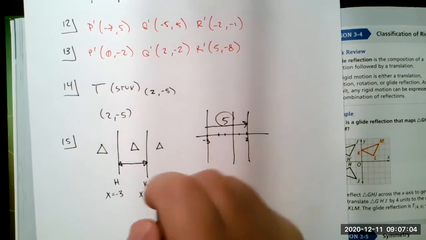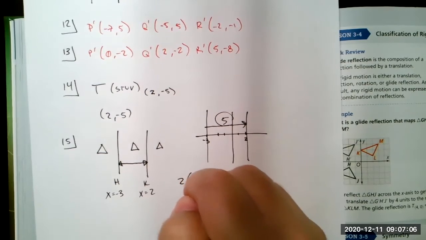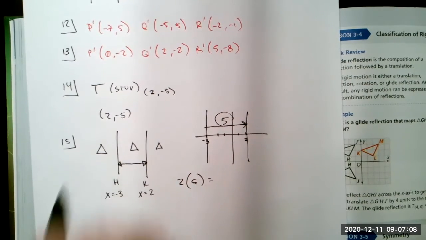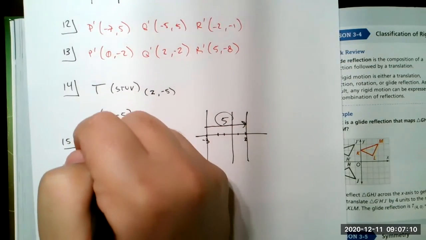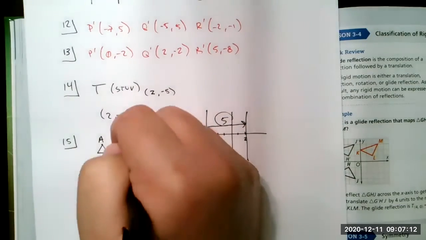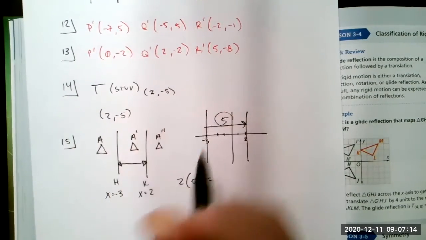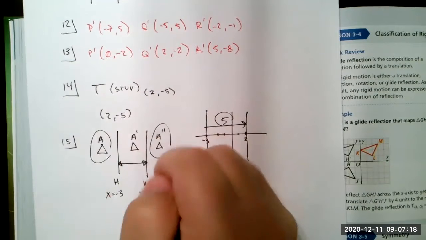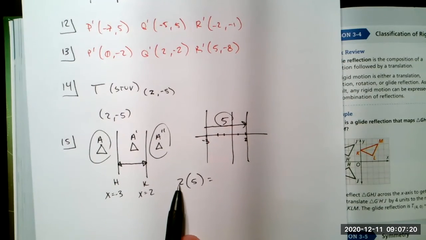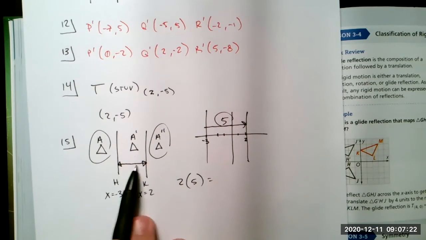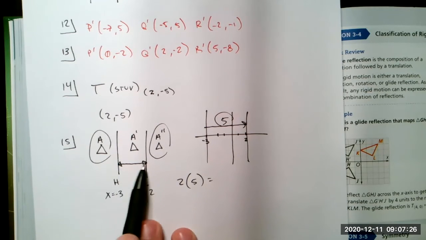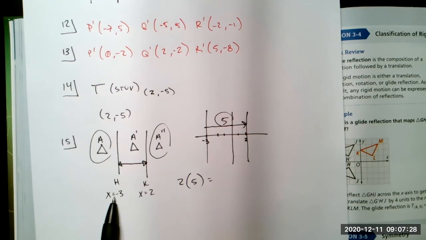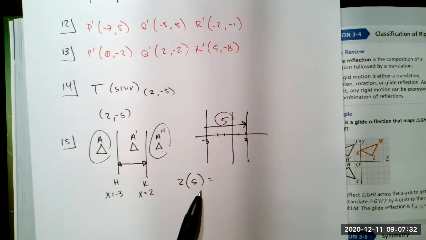Well, the easy way to do this is you just know that this pre-image, so we'll call this triangle A, and then this second image, those two triangles are going to be 2 times the distance between these two reflection lines. So the distance between the lines of reflection, if one's at x equals -3, one's at x equals 2, those lines are 5 units apart.